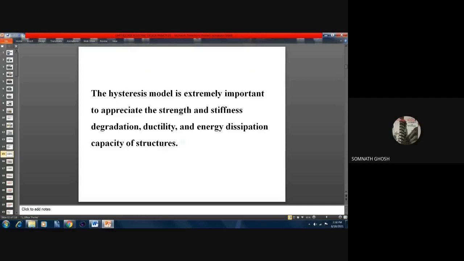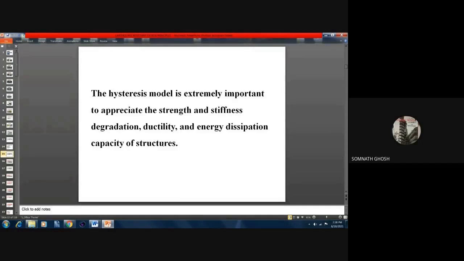So if the material is subjected to this kind of dynamic effects, then the strength of material decreases. Obviously, if there are cracks and all, stiffness will come down. And its post-yield behavior will change, and that will result in some level of ductility which may not be acceptable to you.